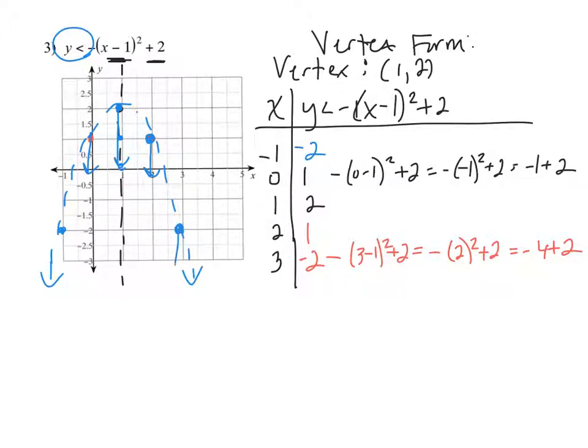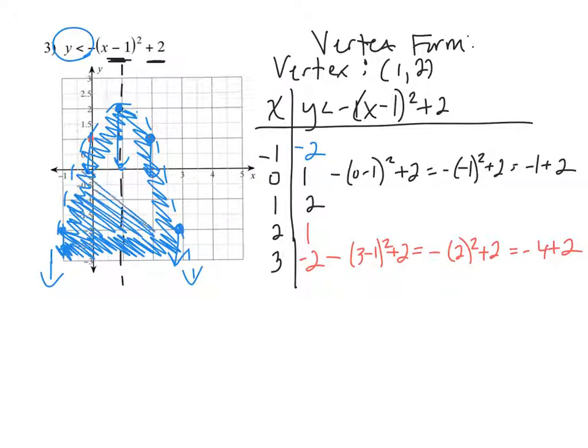The y value is less than that. So if you'll notice on this one, all of those y values being less than is going to color inside this parabola. So while less than, you're going to color inside the parabola when it's upside down, because you want those y values that are less than the y values on the parabola.